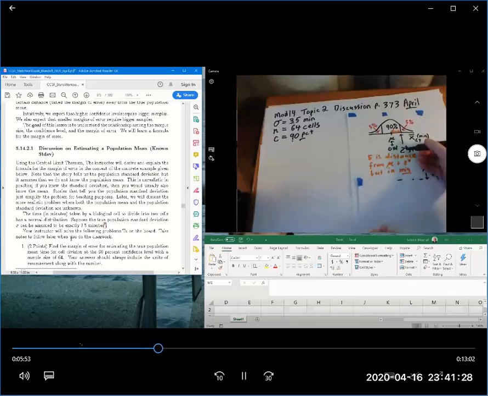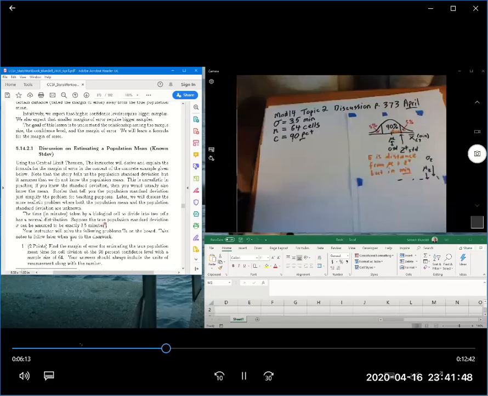And so what the z-star is, it's however many minutes this is right here at the edge of the middle 90%. Z-star is just how many standard deviations above the mean is that?